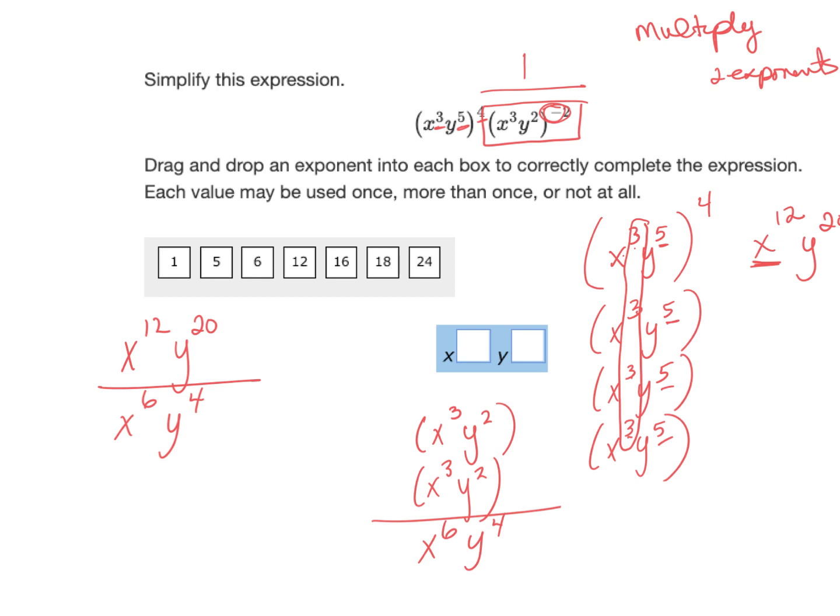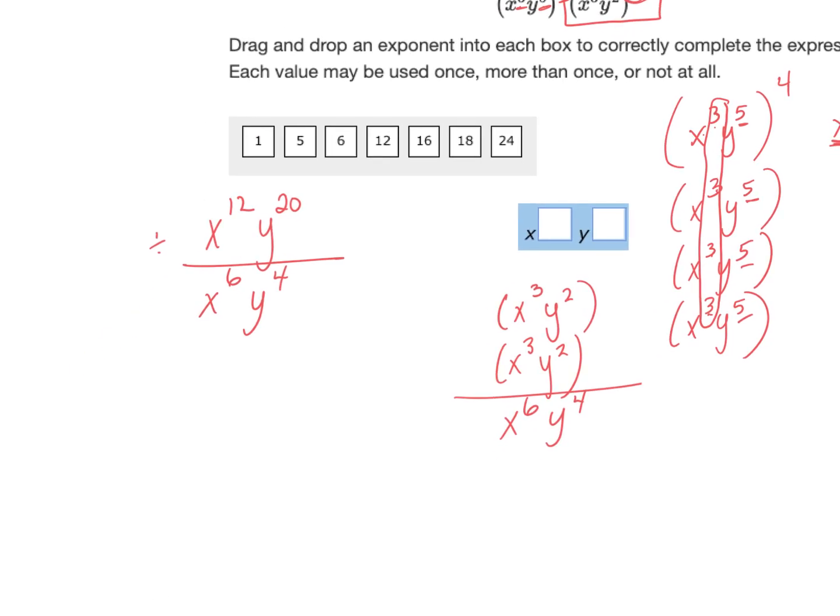Okay. So now, remember fractions are the same as division. So when we're dividing exponents, we actually subtract those exponents.